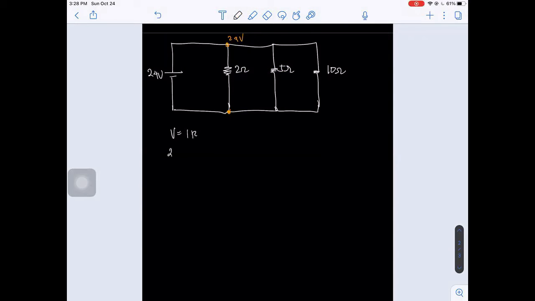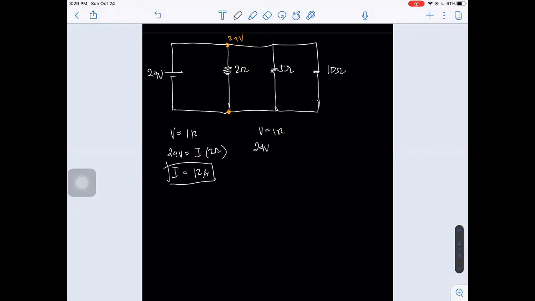So we have 24 volts is equal to I times the resistance across the first resistor, which is 2 ohms. So I is 24 divided by 2, which is equivalent to 12 amperes. And for the current flowing in the 5 ohms resistor, we can still use VIR.